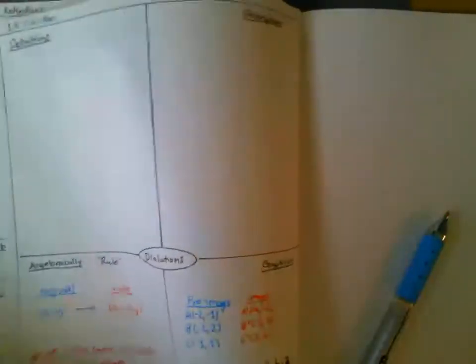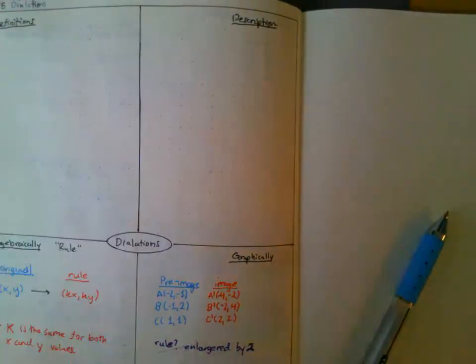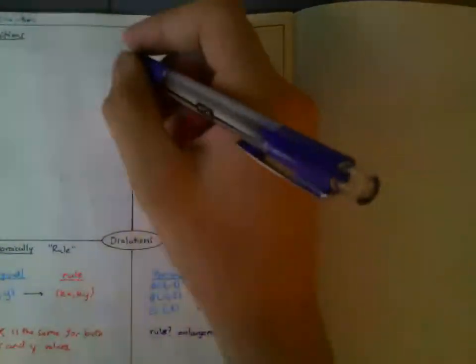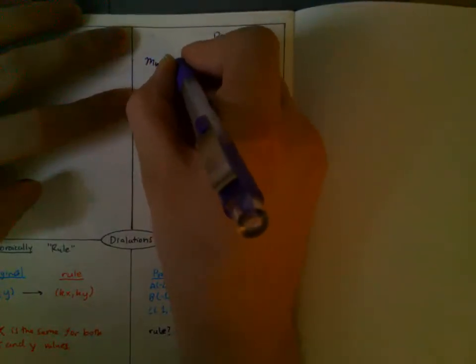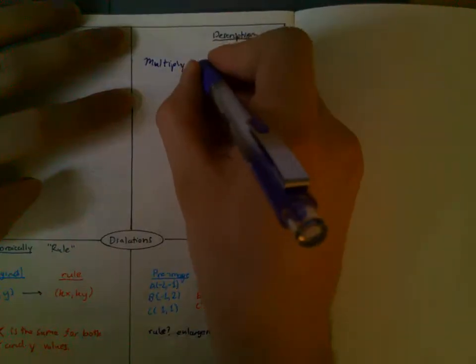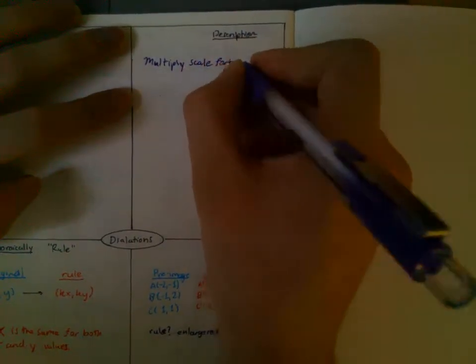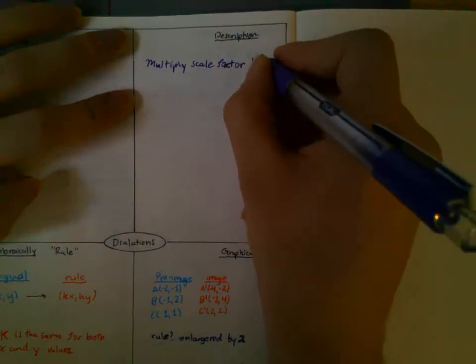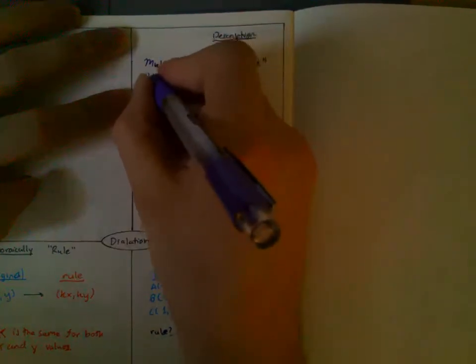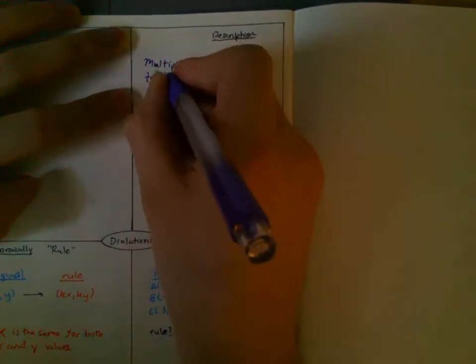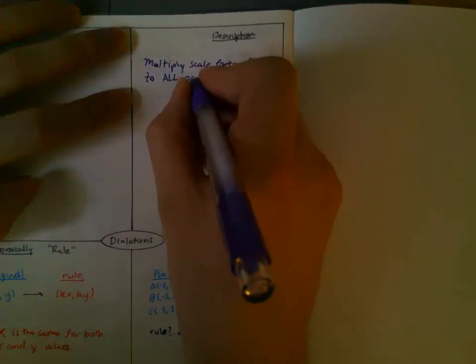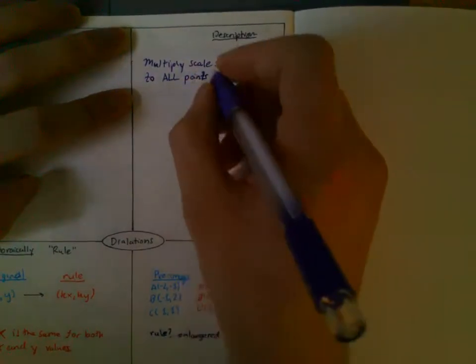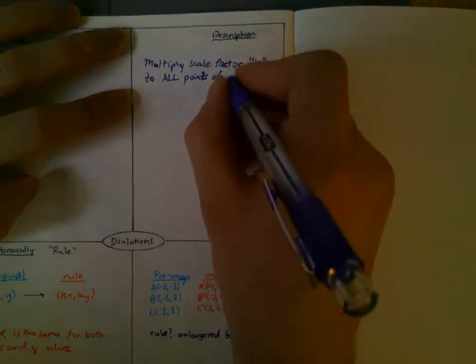Now, going up to descriptions. This is relatively one of the shorter ones. We multiply scale factor k to all points of coordinates.